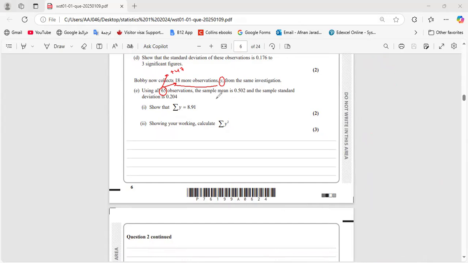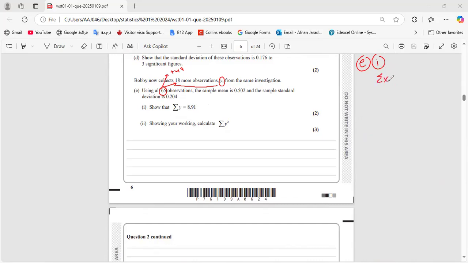the sample mean is 0.502 and the sample standard deviation is 0.204. Show that the sum of y equals this one, and show where you can calculate the sum of y squared. So going to E-i, how can I find the sum of y? I have the mean for the 65 observations.